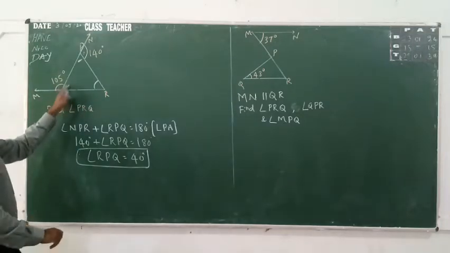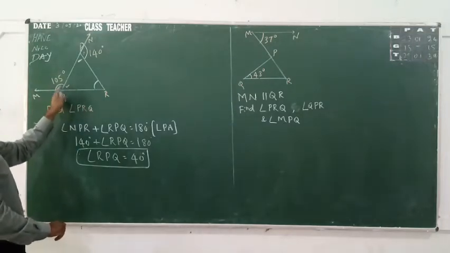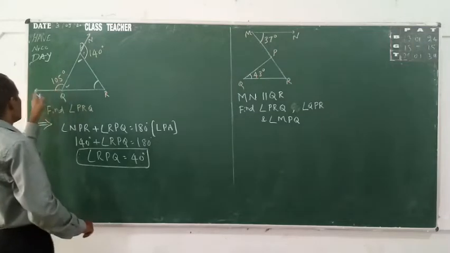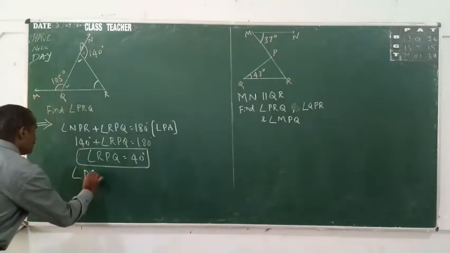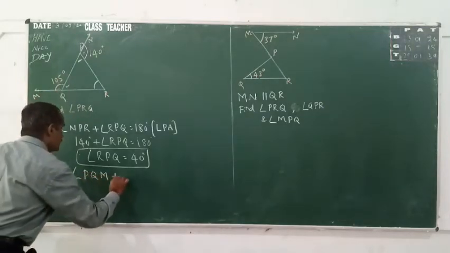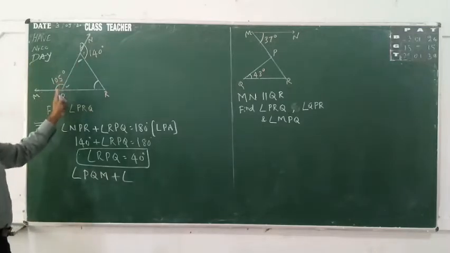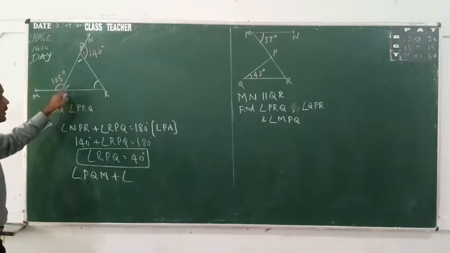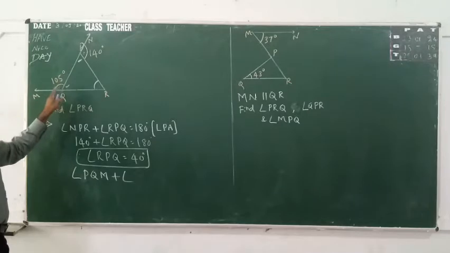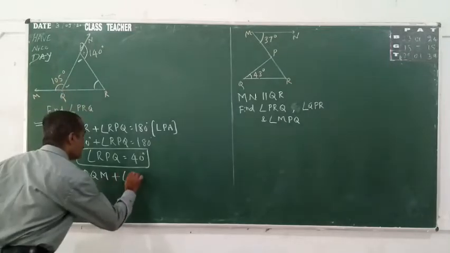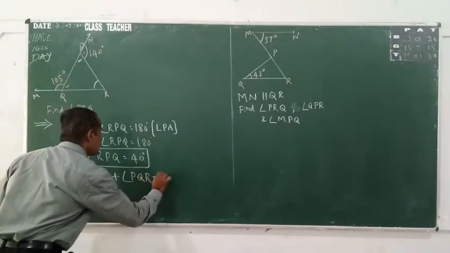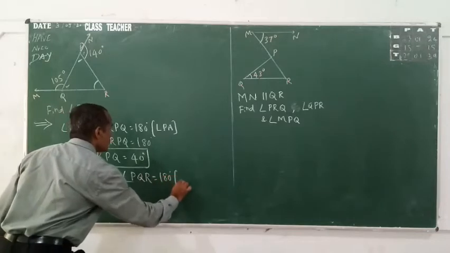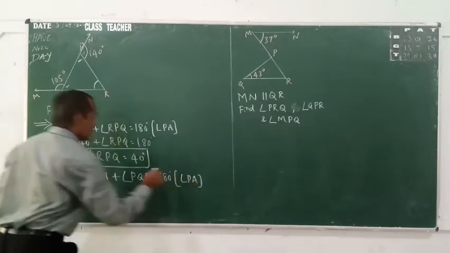Come on. We'll start here. The sum of these two is equal to 180. Angle PQM plus this angle. How to write this angle? PQR. Angle PQM plus angle PQR is equal to 180. Again, the reason is the linear pair of angles.